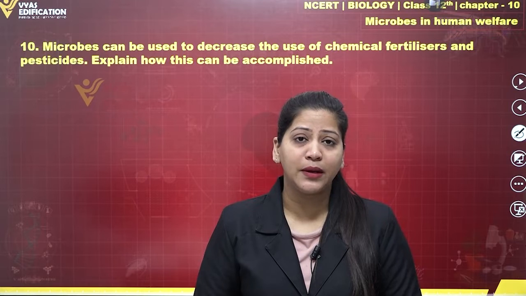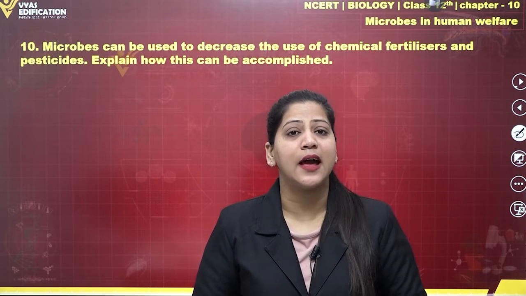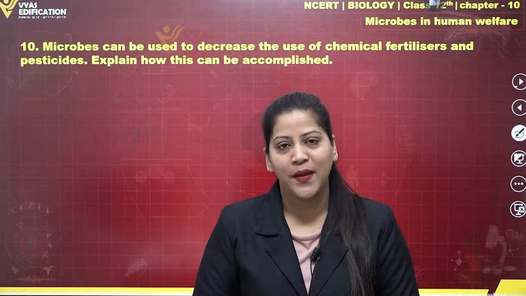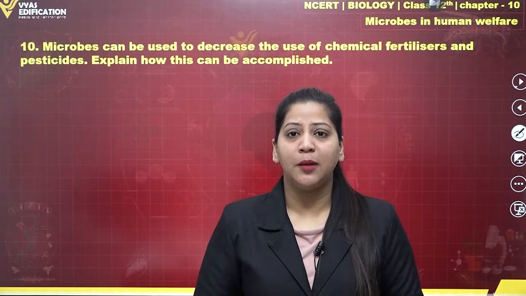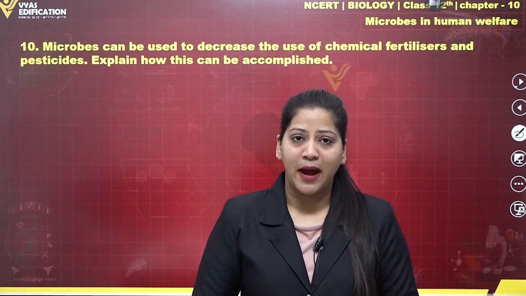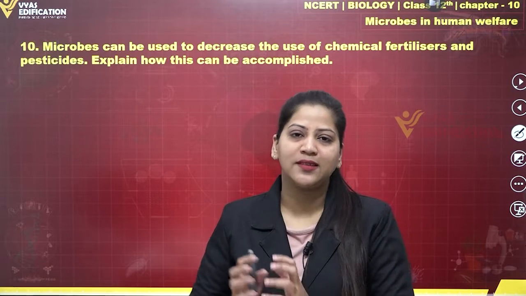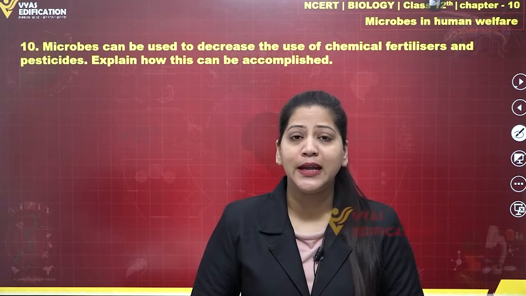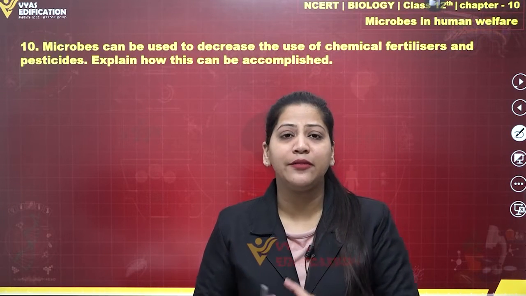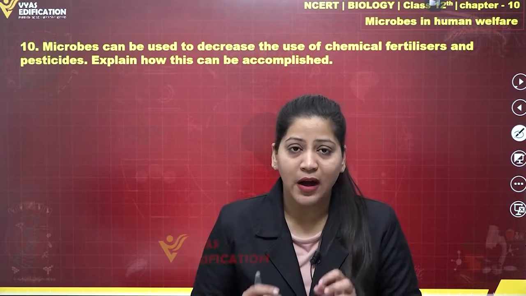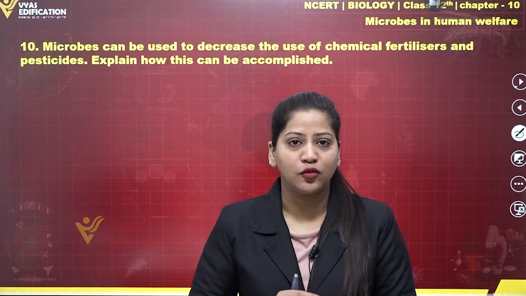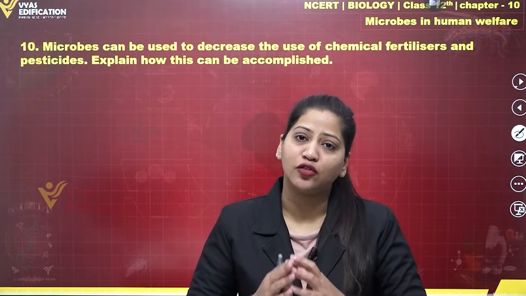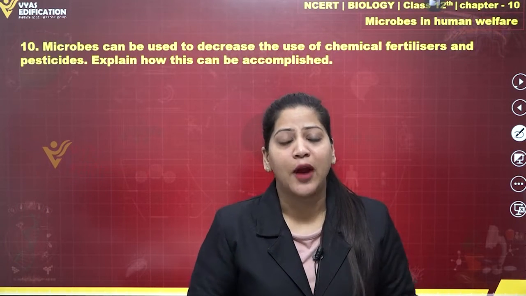Now, the second example is also from the bacterial category, that is Azotobacter and Azospirillum. Azotobacter and Azospirillum are also examples of bacteria which are not found in symbiotic association with other organisms. They are freely living bacteria. The function of these two bacteria is actually the same as rhizobium.